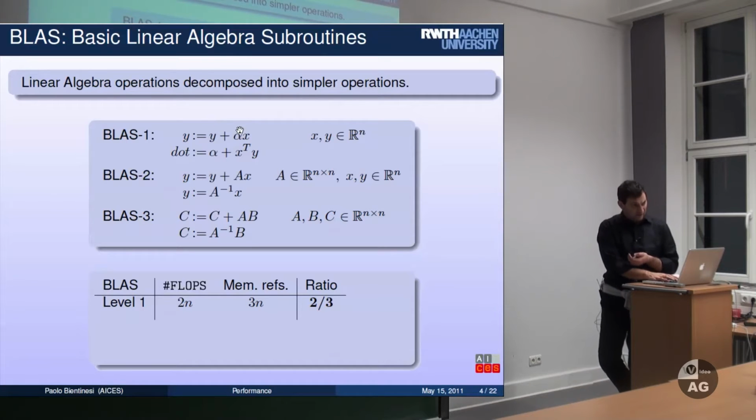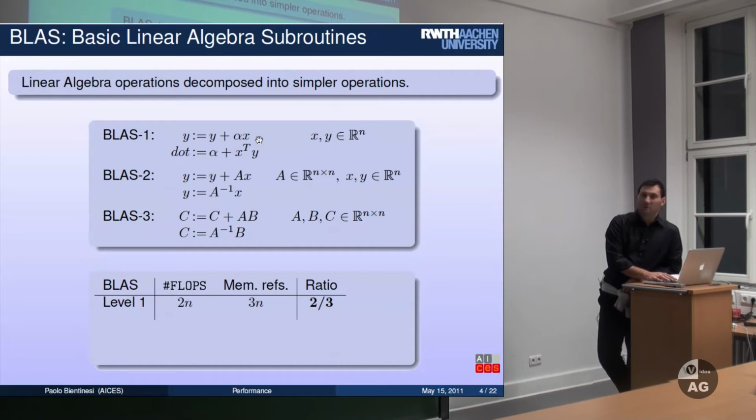We have to read alpha. Alpha is a scalar, so it's only one. So it looks like we have 2n plus 1 accesses to memory. Why did I write 3? Well, I also have to write Y. So it's 2n reads and n writes. In the end, it's 3n accesses to memory.